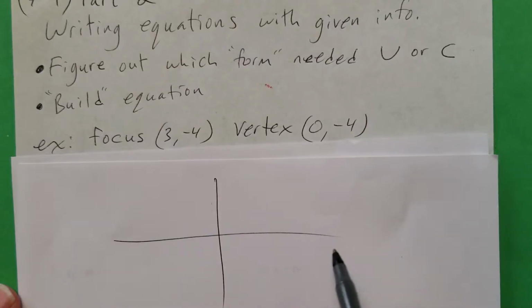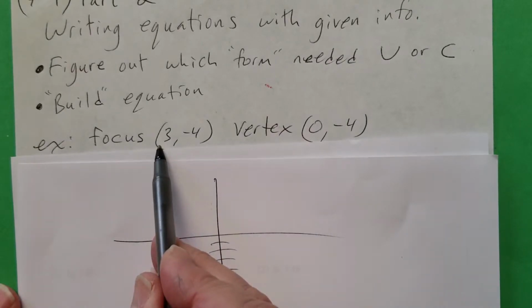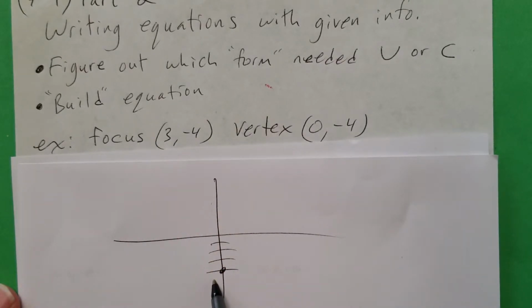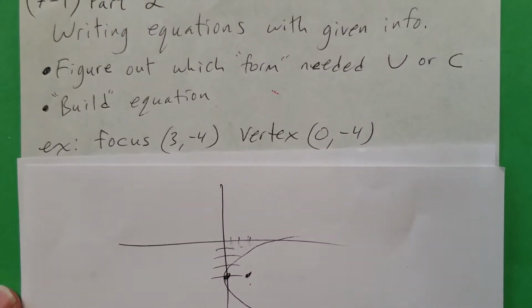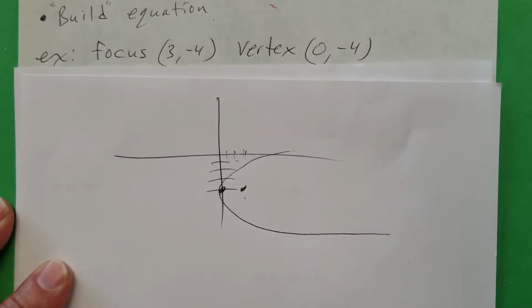If I have a vertex of 0, -4, isn't that here? And then the focus is 3, -4. So if this is the focus and this is the vertex, I know it opens up this way.